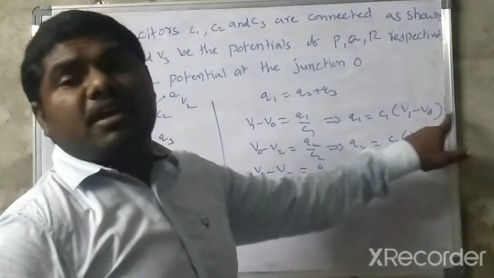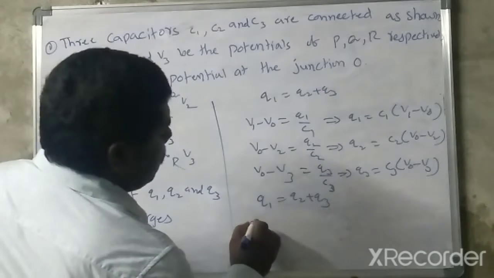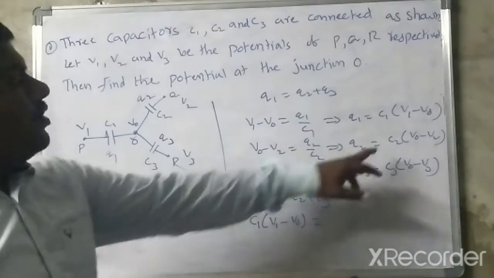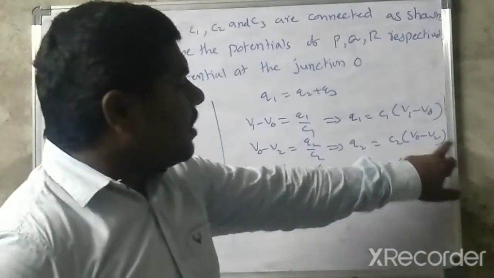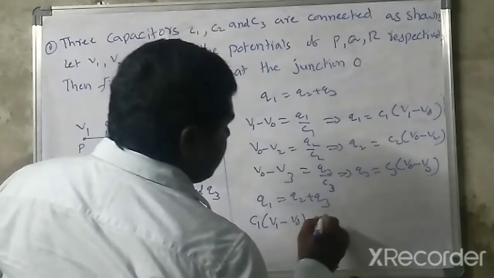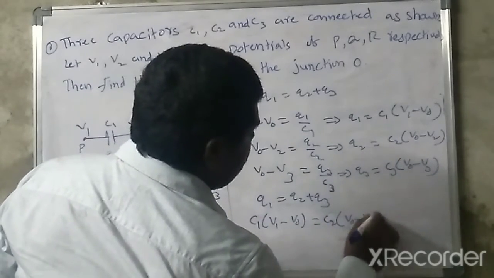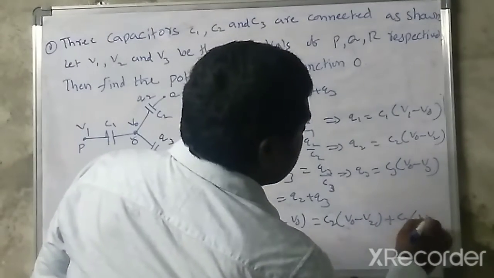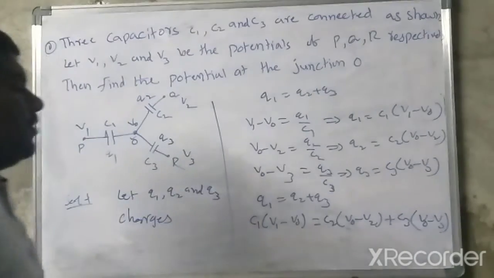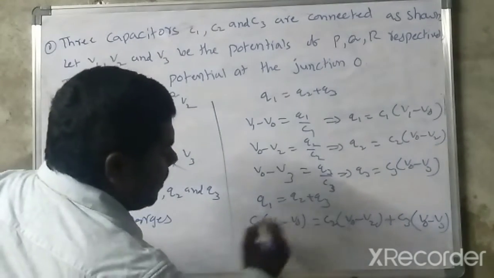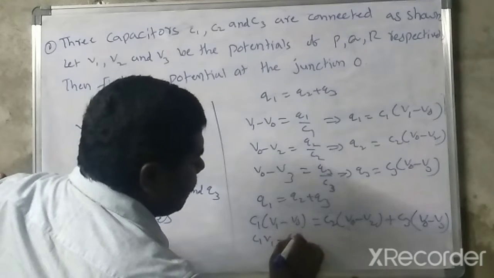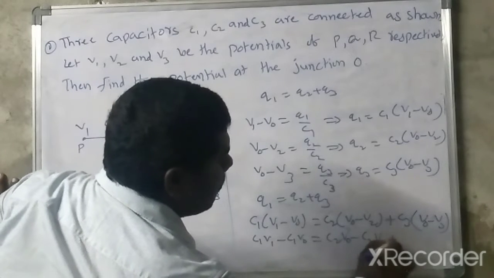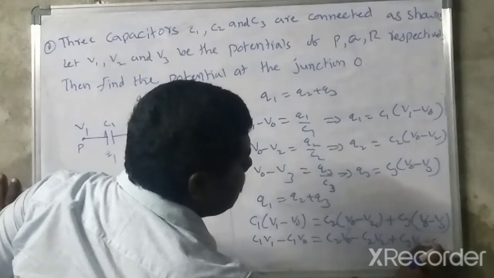So C1 of (V1 minus V0) should be equal to C2 of (V0 minus V2) plus C3 of (V0 minus V3). Simplifying, C1 V1 minus C1 V0 is equal to C2 V0 minus C2 V2 plus C3 V0 minus C3 V3.